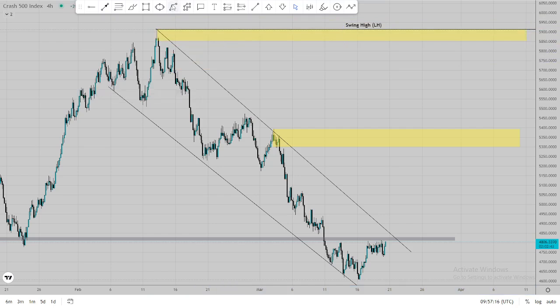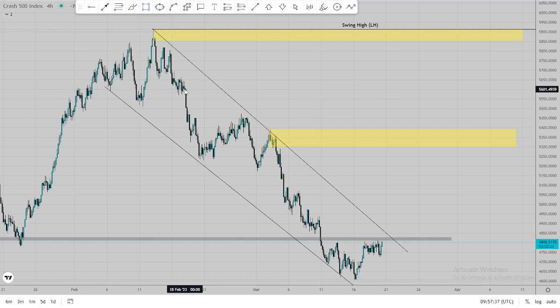That's my latest level. These two, I might not mark them, because if ever there are any levels in between an extreme level, the market prefers to choose the extreme level, because these ones will just be used as a form of liquidity.